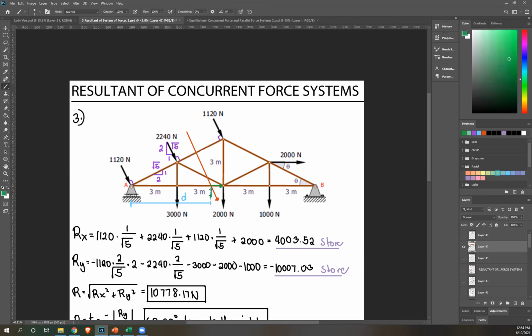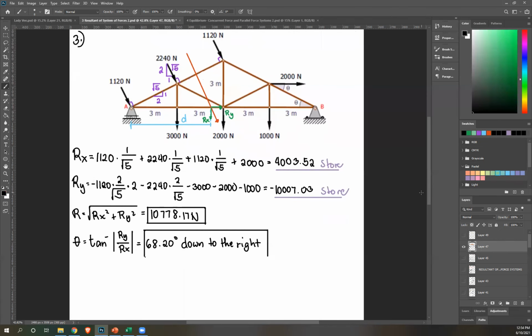So that Rx, Ry. Ry passes through A, we're left with Rx, and its perpendicular distance is B from A. Once again, Ry passes through A, so ignoring that, we're left with Rx, rotate about A, that's clockwise, therefore positive.